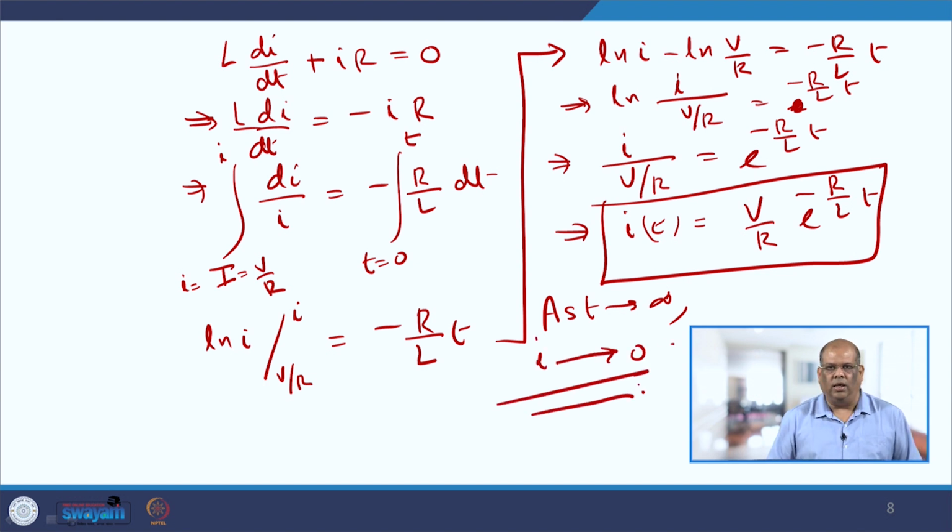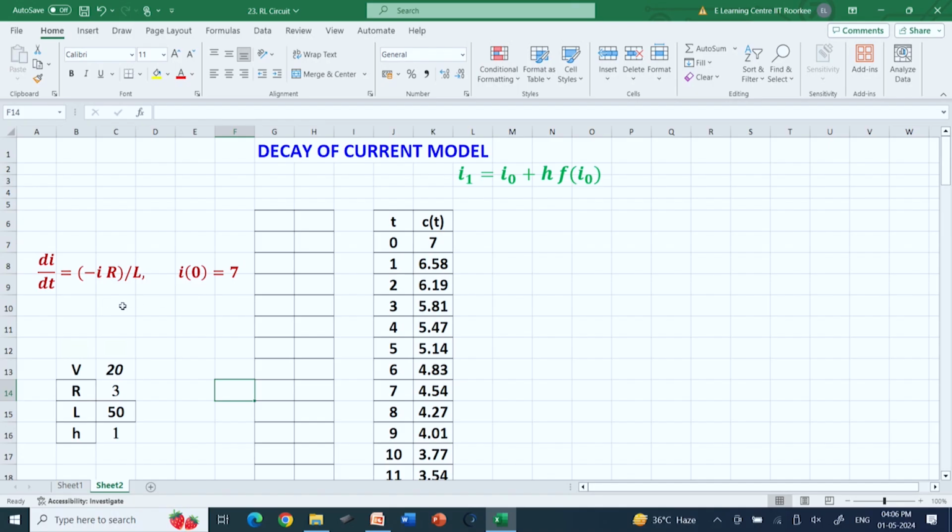So, let us quickly see the solution of this in Microsoft Excel. So, we have di dt equal to minus R divided by L, your time, your current. This is 0, and we put some value 7, and let us calculate this one.